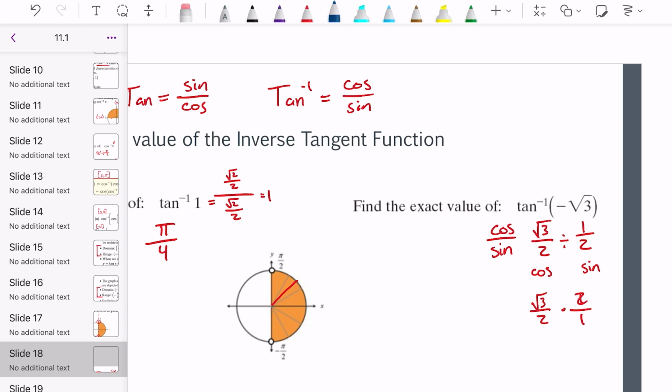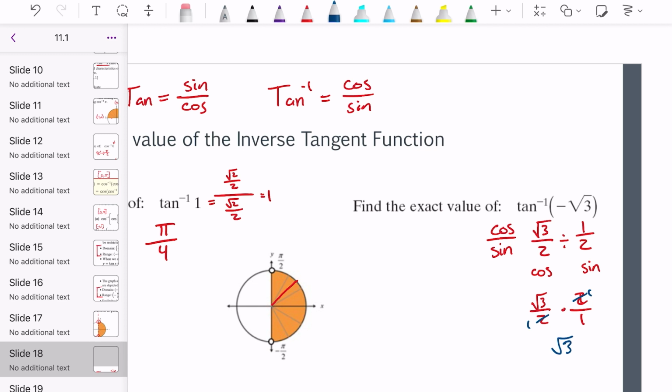Our 2's simplify and leave us with the square root of 3. Most important thing that we're going to do is have an understanding of where we would have cosine be a square root of 3 over 2 and also end up with a 1/2 as well.